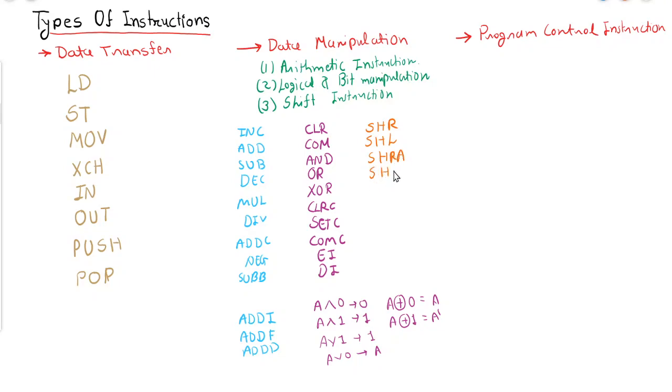Then SHLA, arithmetic shift left. Then ROR means circular shift right, ROL circular shift left, and RORC and ROLC.